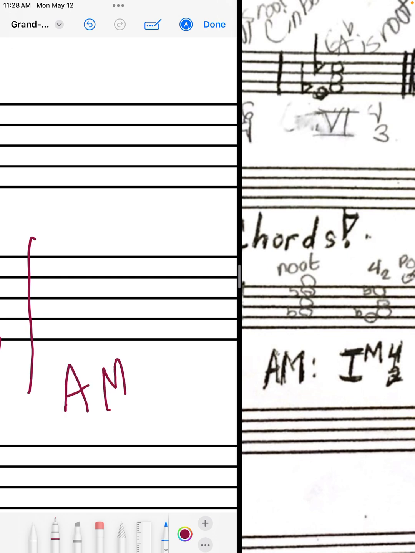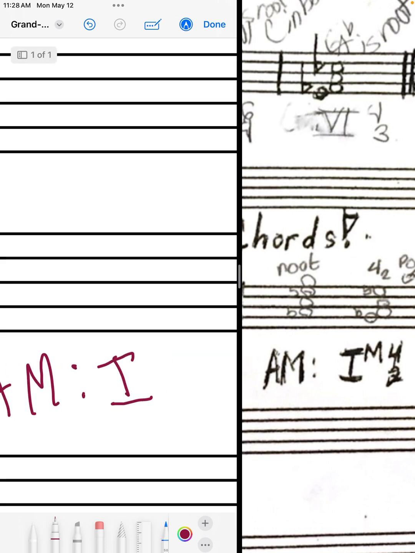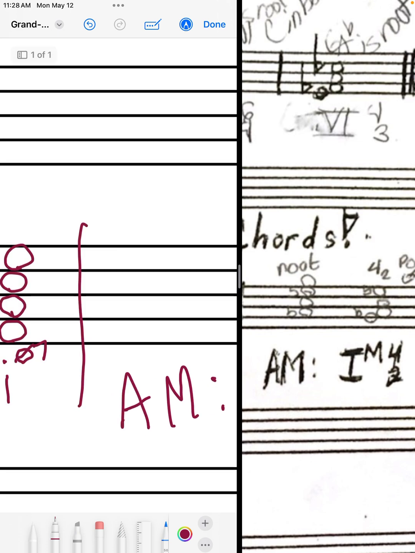A major... Oh, this is a weird notation. Okay. 4-3. If you see this part, you're just gonna know it's major. Don't worry about it.